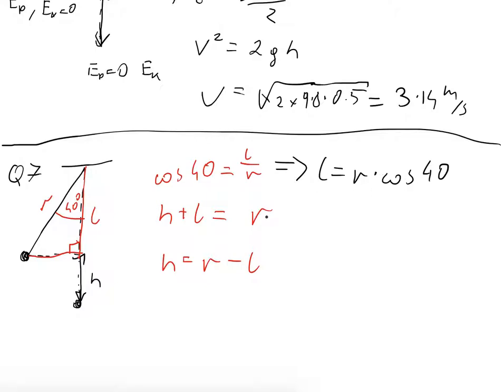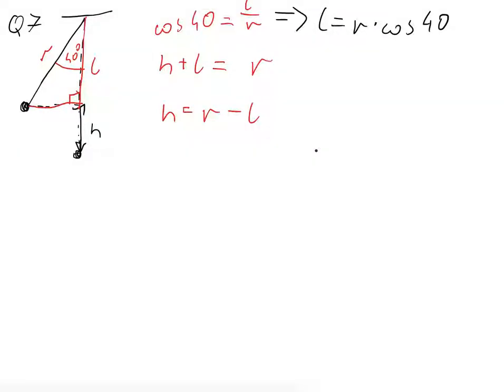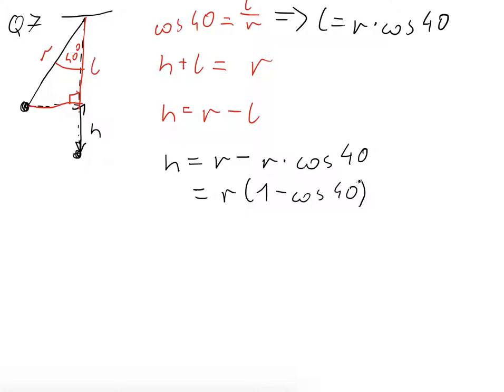So now I can start solving my question. We know that height is equal to R minus L, so height will be equal to radius minus radius times cos of 40. So I'm going to take the common factor out, so that will be R times (1 minus cos of 40), cos of 40 degrees, obviously.